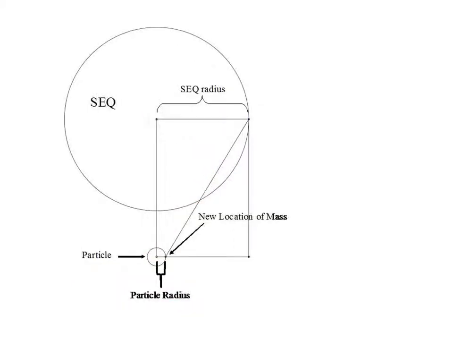In this slide, we're going to look at the SEQ shrinking down to the particle size. Our SEQ radius is here, and our mass is on the surface.